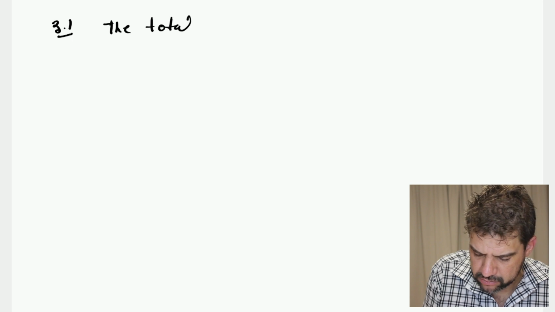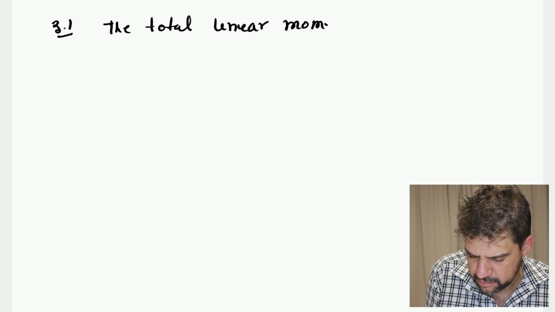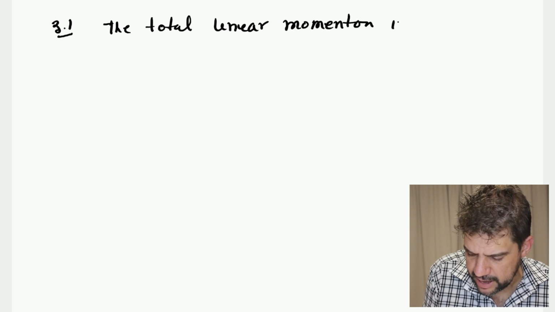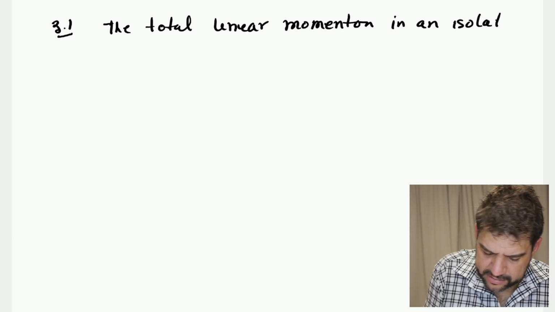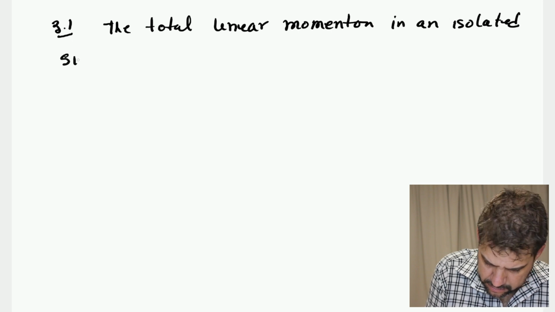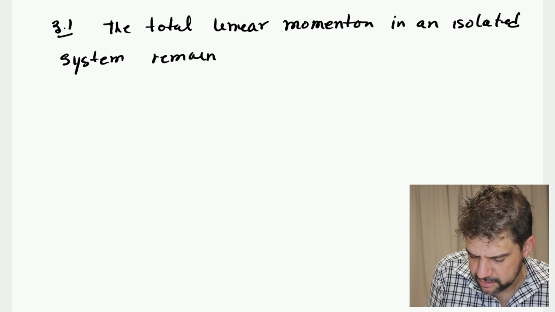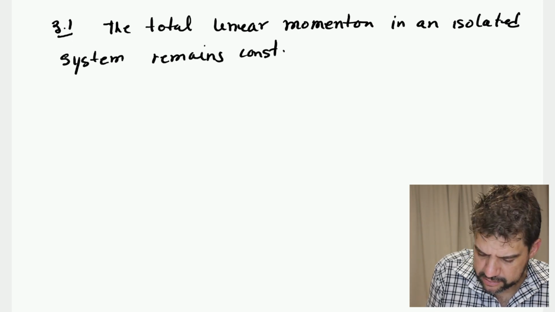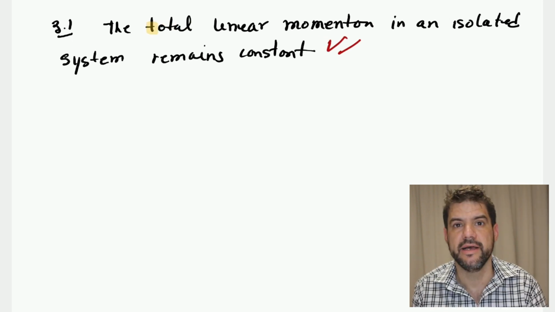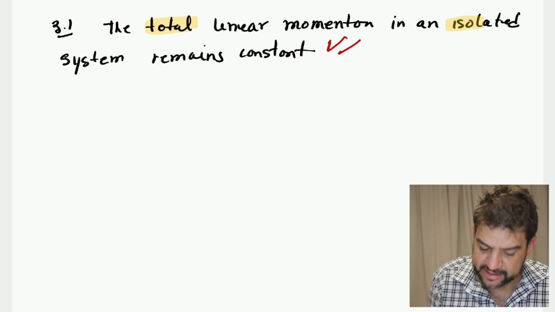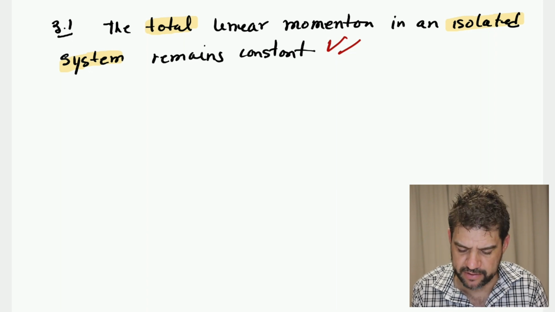The total linear momentum in an isolated system remains constant. Guys, 2 marks for that. Remember, you cannot miss the words total and isolated system. If you forget those, you are not going to get the mark. So please don't forget those different words.